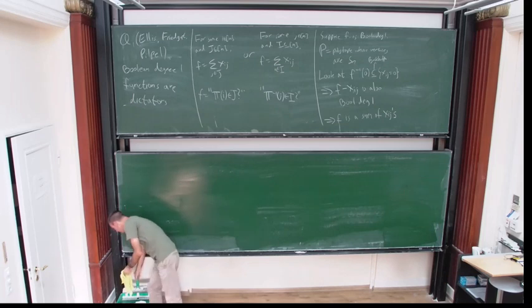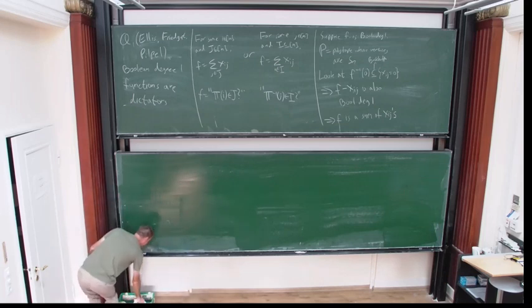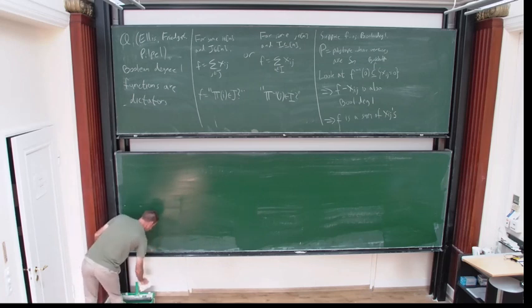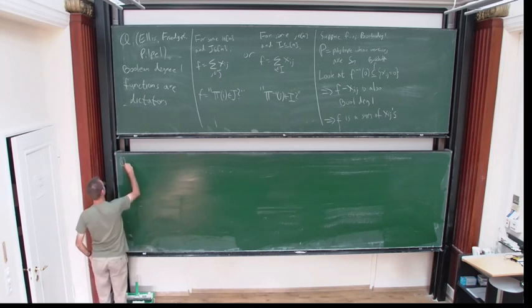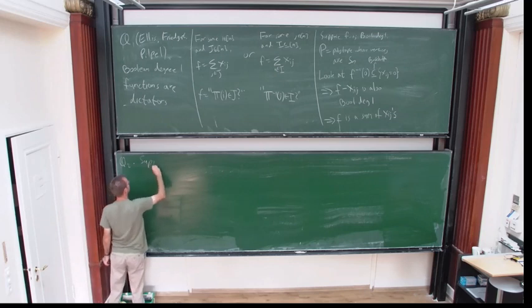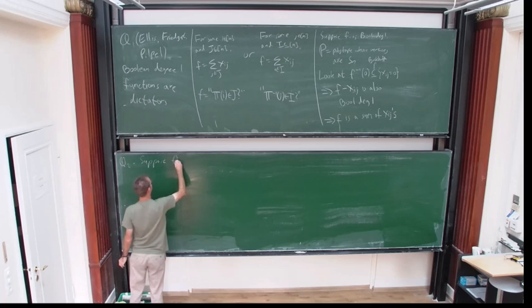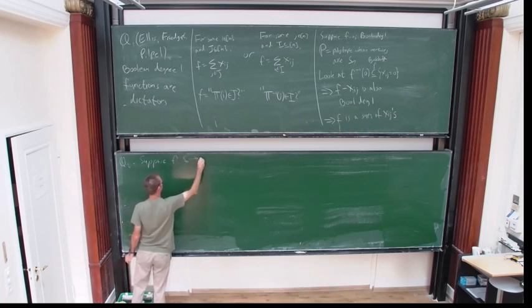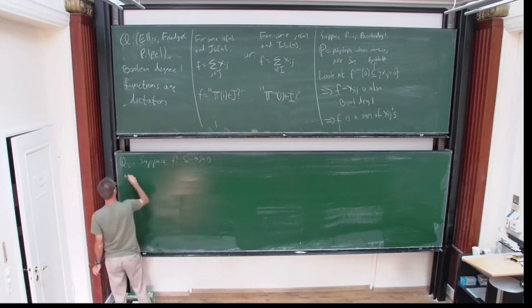Okay, so now let's move on to the second question, which is the analog of the FKN theorem for the symmetric group. Suppose we're given a Boolean function f on the symmetric group, and this function is close to degree 1.